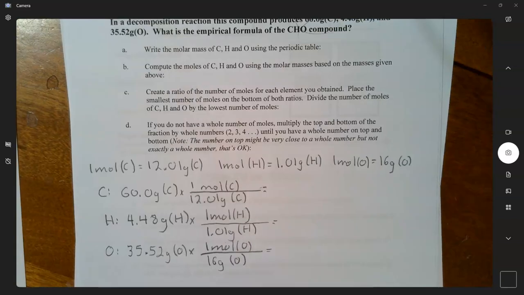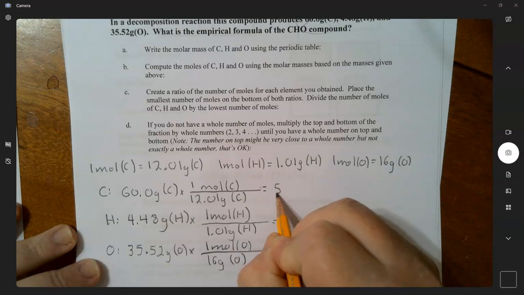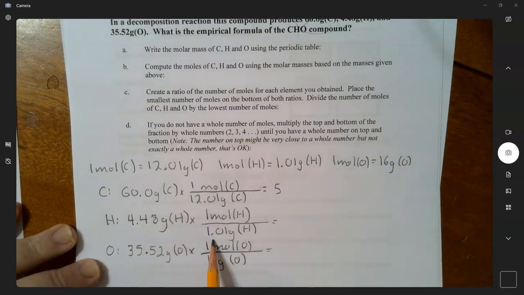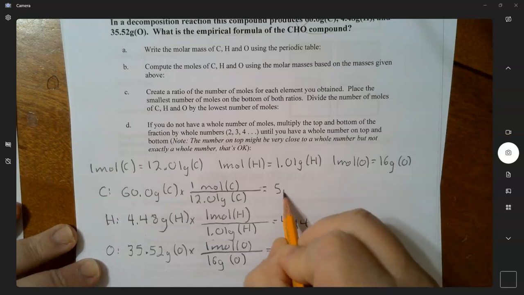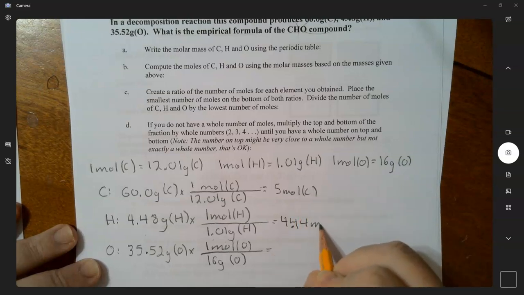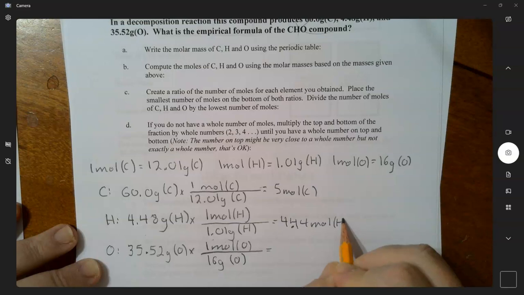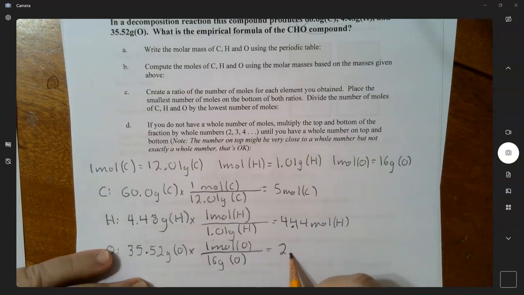Okay, and for carbon, 60 divided by 12, we're close enough. We're going to call it 5, round it a little bit. 4.48 divided by 1.01, that's going to give us 4.44. And again, I should always write what they are. It's moles of carbon. And this one here is going to give us 2.22.